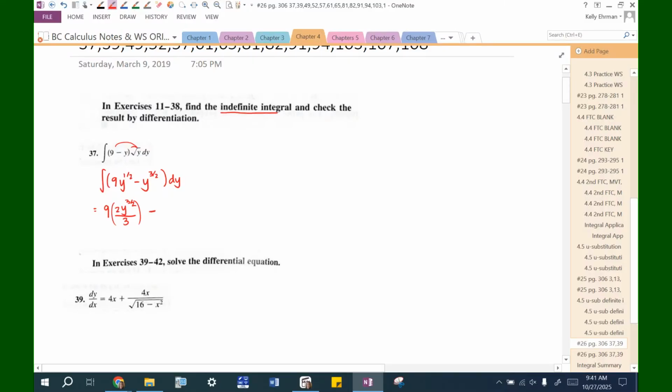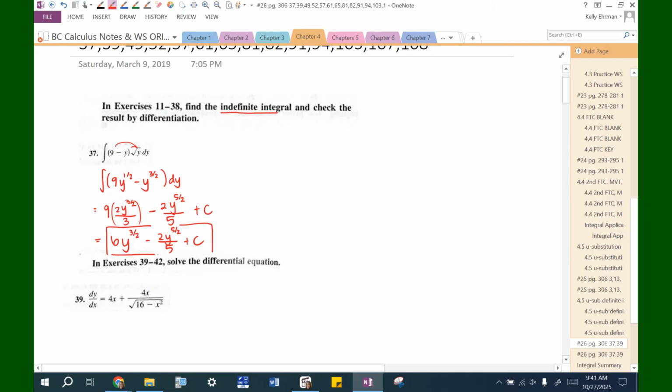And then minus, add 1 to this, you get y to the 5/2 divided by 5/2 or times 2/5 plus c. I can clean things up a little bit. 9 over 3 is 3, so 3 times 2 is 6. 6y to the 3/2 minus 2y to the 5/2 over 5 plus c.